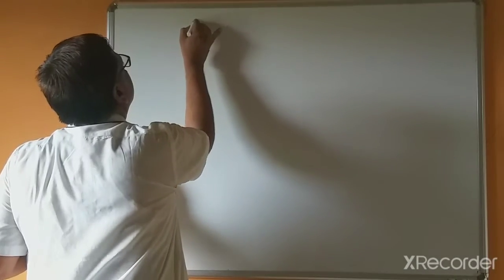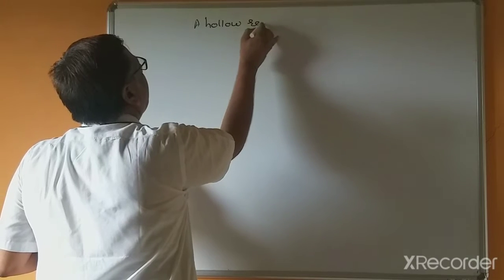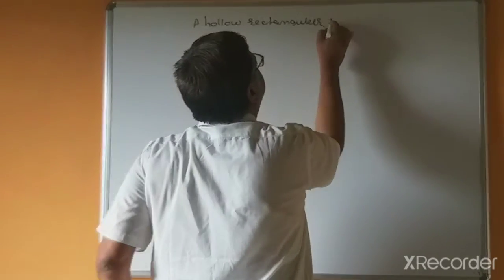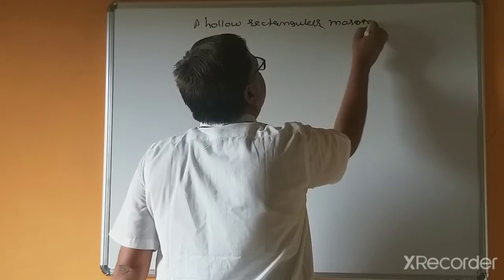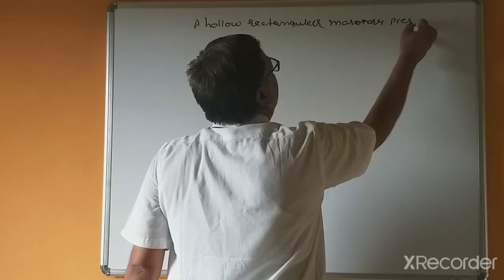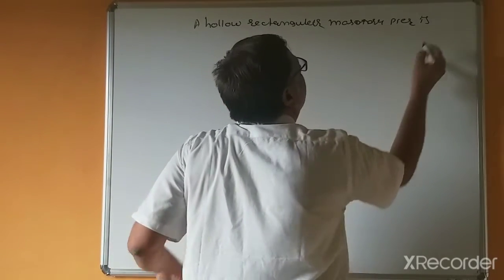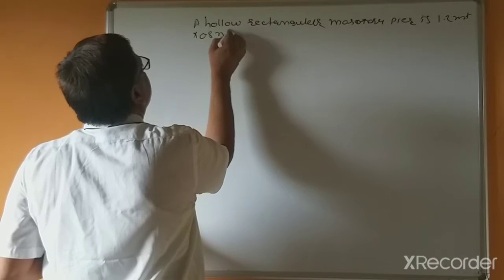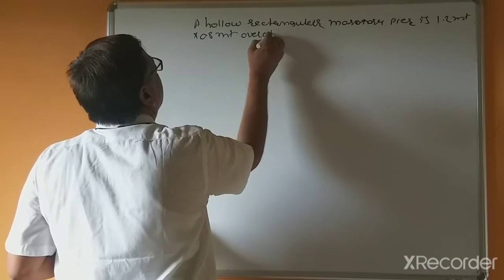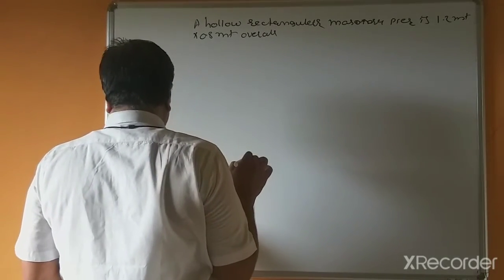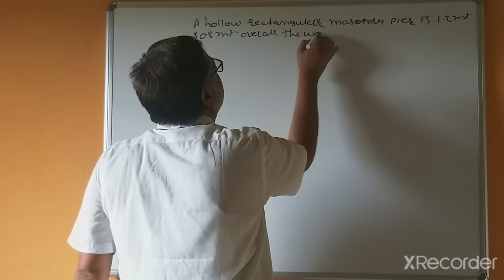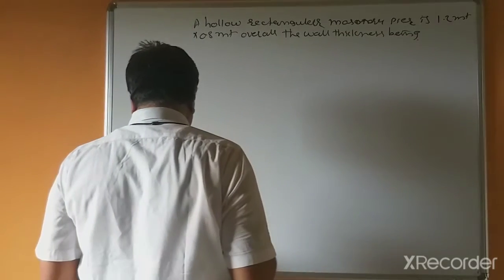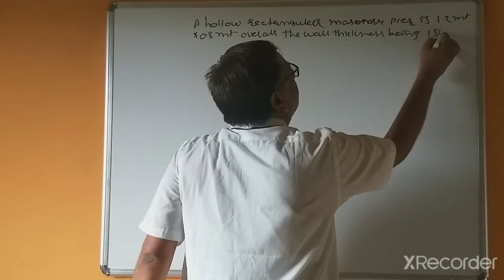A hollow rectangular imaginary pier is 1.2 meter and 0.8 meter overall. The wall thickness being 150 mm.